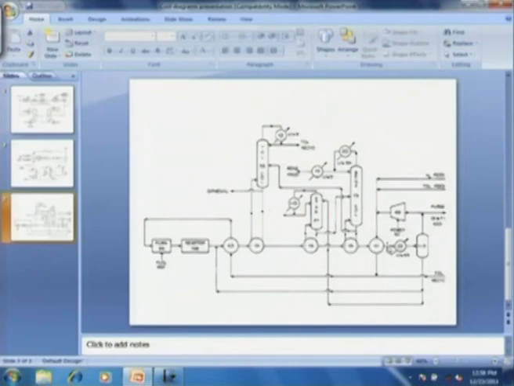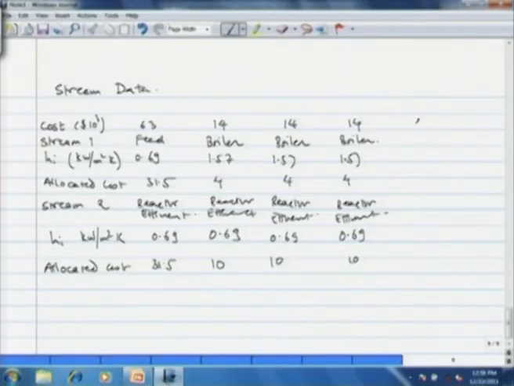as the other stream, this $41,000 exchanger. Here the reactor feed is partially toluene and this is liquid and gas, so it may have a higher coefficient, but the reactor effluent is still vapor phase, so it will have a low coefficient 0.69.